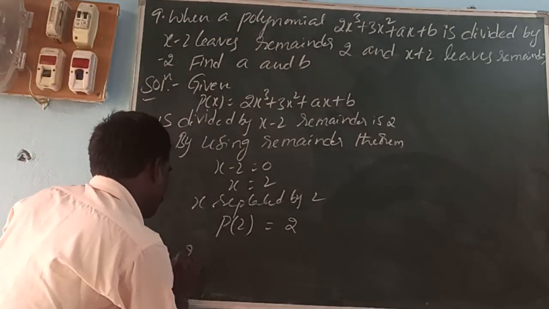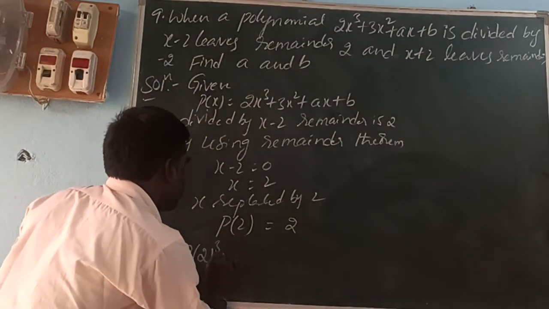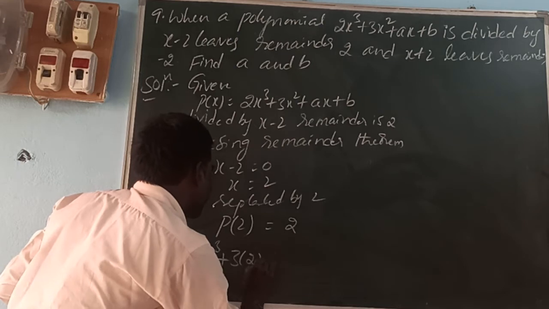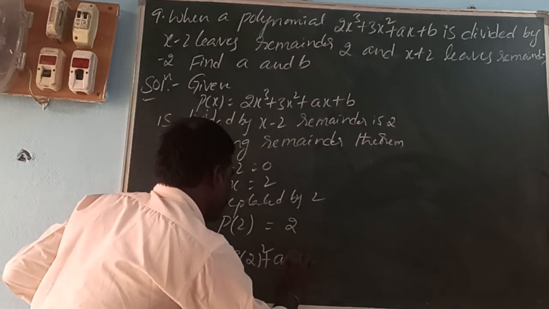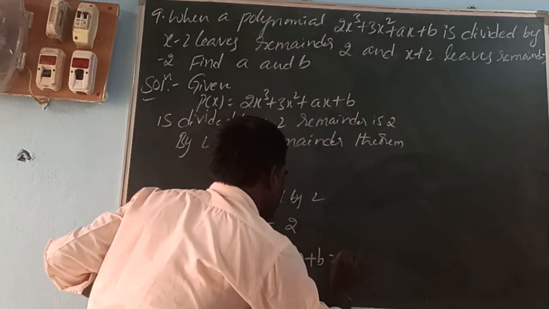That is here 2 into 2 cube plus 3 into 2 square plus a into 2 plus b is equal to 2.